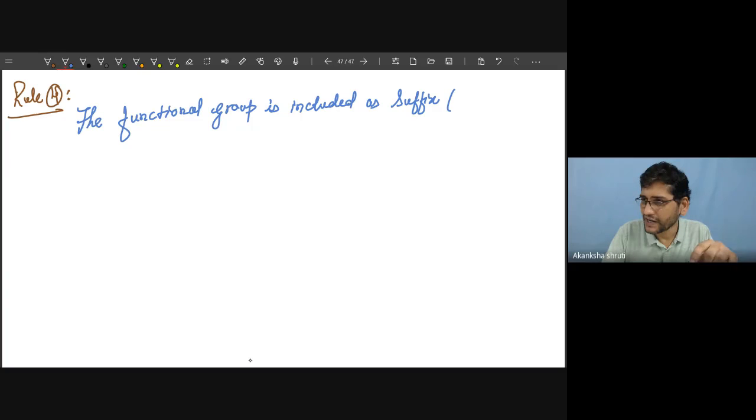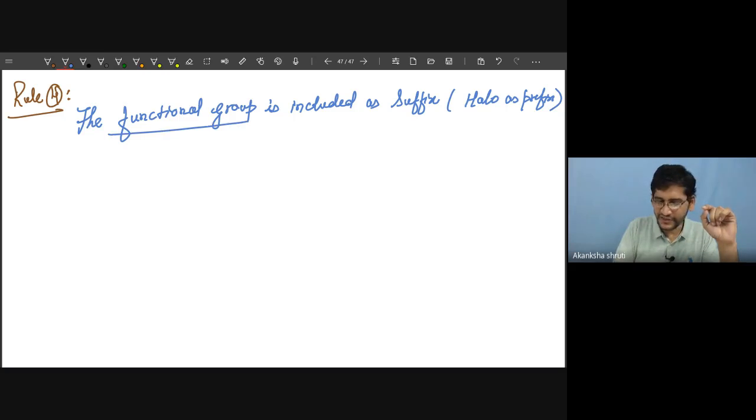Here you have to keep in mind only one functional group, that is our halo, as prefix. This we have learned. This is one of the exception. Otherwise, most of the functional group is considered as suffix. It is one thing. Then the next rule, write quickly.